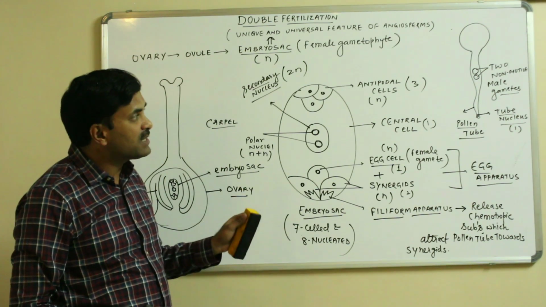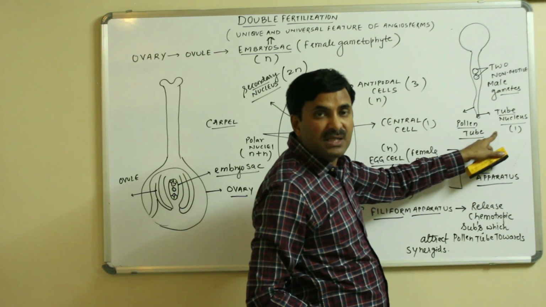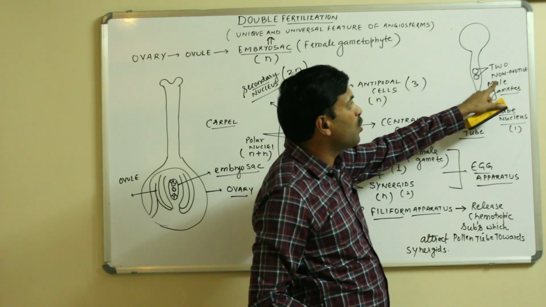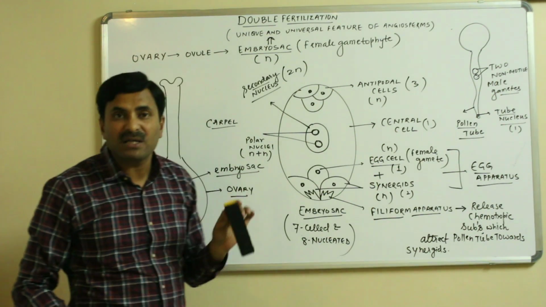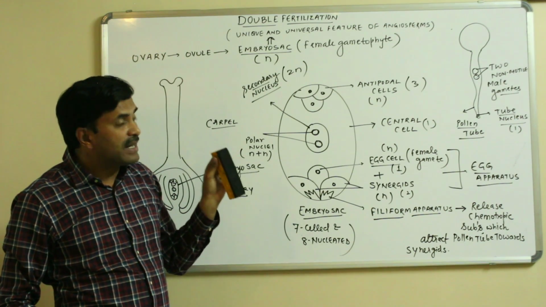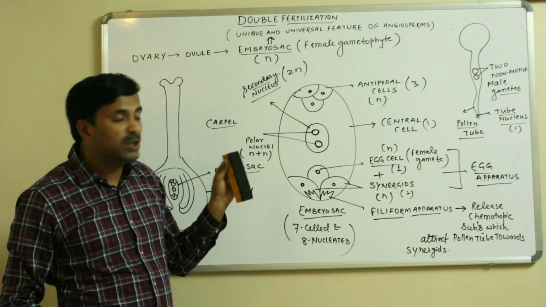To be remembered here is that the tube nucleus will never participate in the double fertilization. Only these two non-motile male gametes participate in double fertilization, and these male gametes are carried inside the embryo sac through the pollen tube.